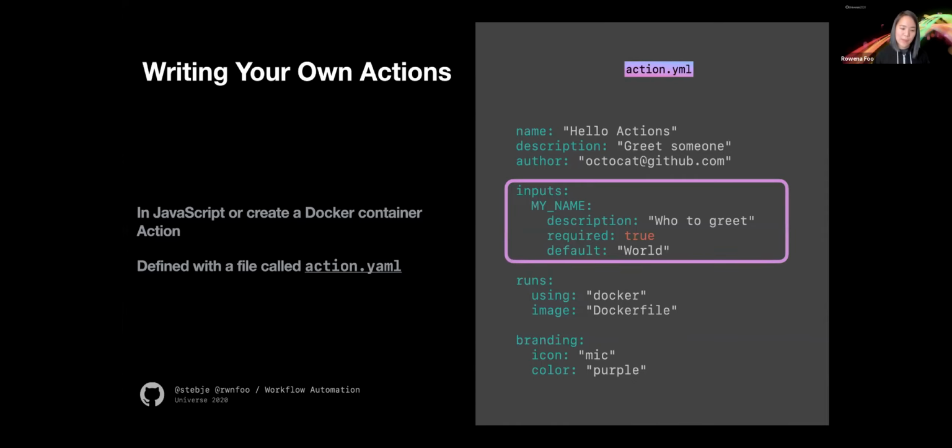An input parameter allows you to specify data that the action expects to use during runtime. One thing that you don't see in this action.yaml file is the output parameter. That is optional to declare. But if you need your action to output something that will be used later in a workflow with a different action, that is a parameter you would include.